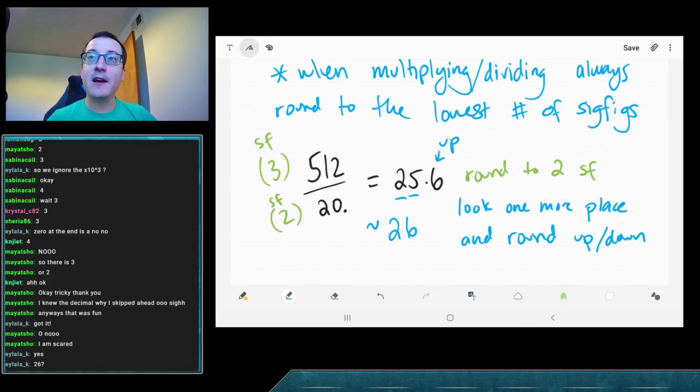We rounded up because that next number was 5 or higher. If it's 5 or higher, you round up. If it's 4 or less, you round down. So our final answer here should be 26. We always have to convey our significance with our numbers whenever we do math in chemistry class, or physics probably. You'll be doing the same thing there.